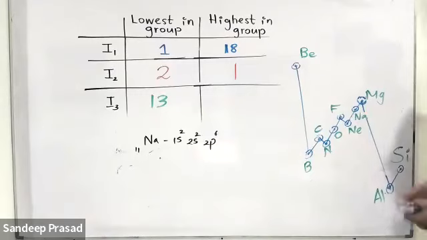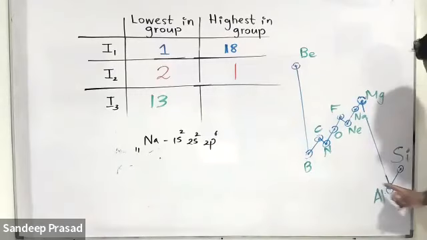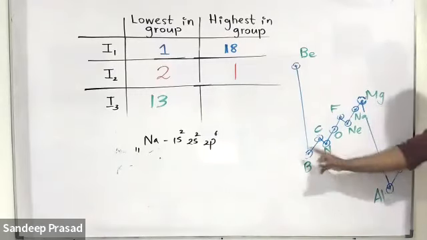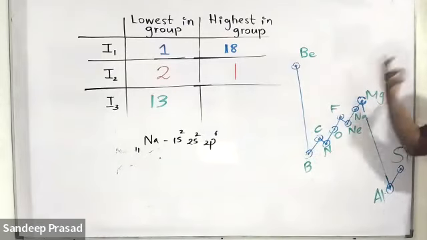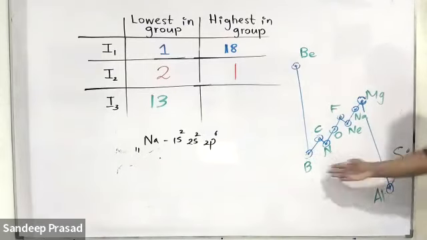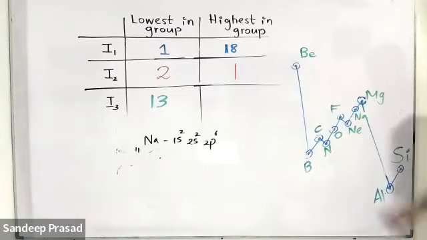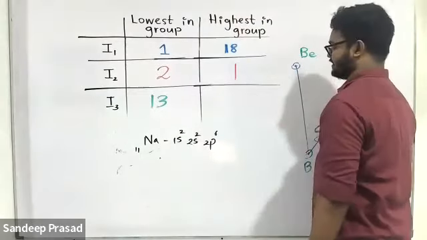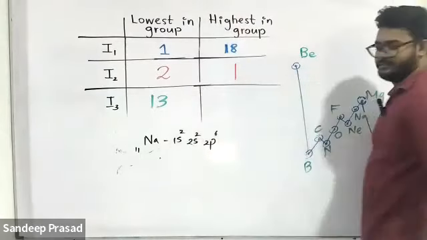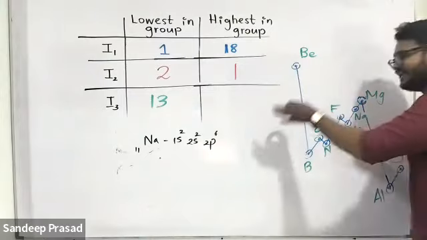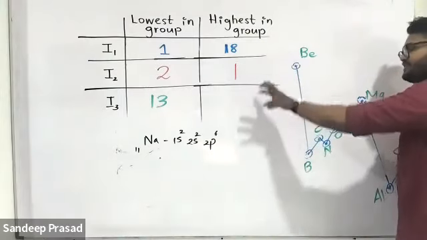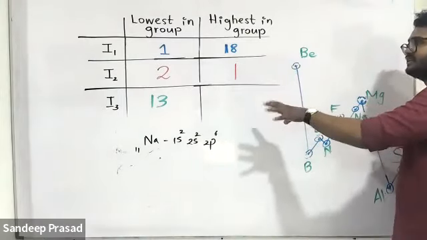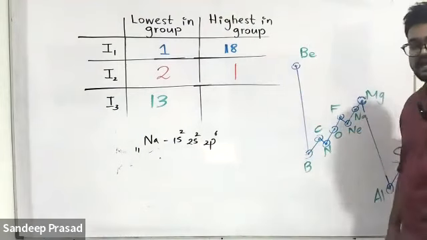According to the graph you can see that the least ionization energies belong to the group number 13 elements, boron and aluminium. Boron and aluminium are group number 13 elements, therefore the least third ionization energy belongs to the group number 13 elements. Now tell me then which group elements have the highest third ionization energy.